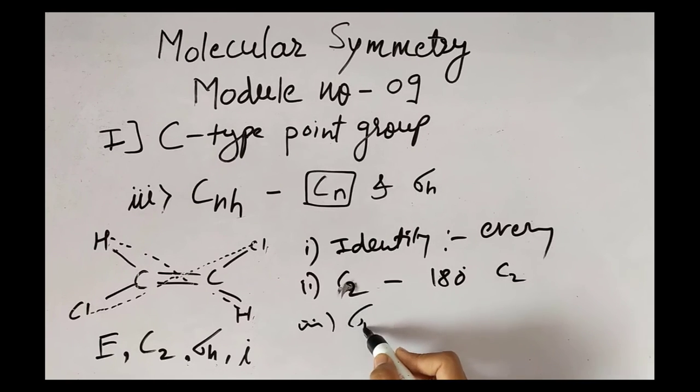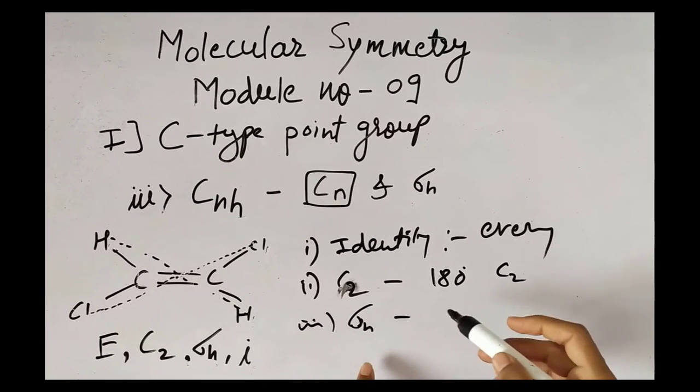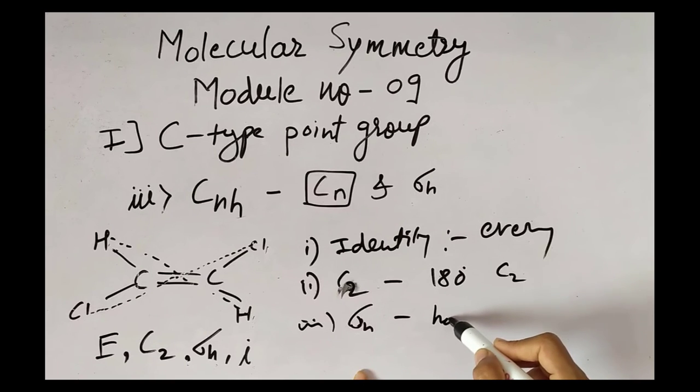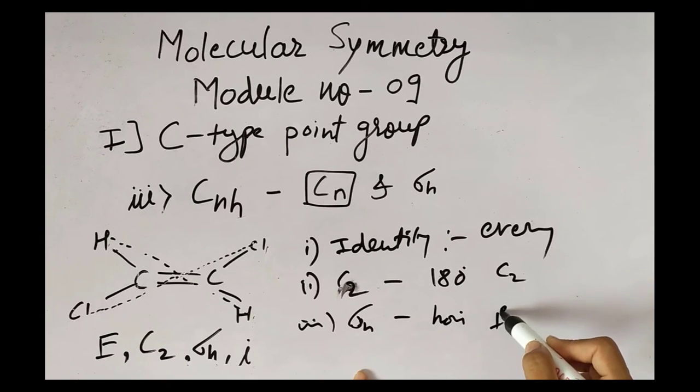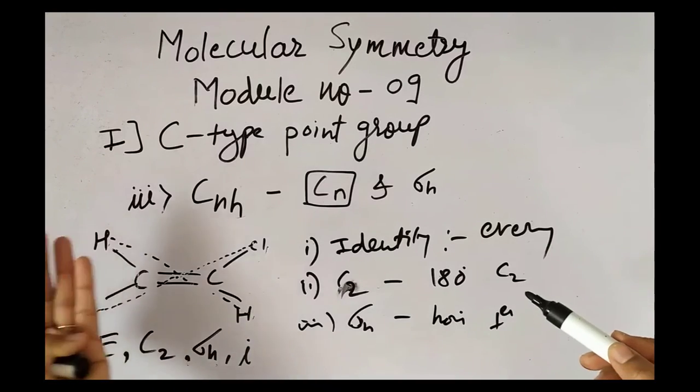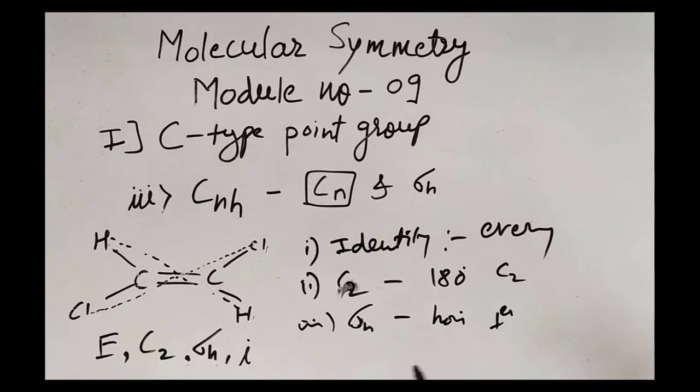Then you will explain sigma H. As there is a horizontal plane which is perpendicular to the principal axis, the plane is sigma H. Similarly, you have to explain I, the inversion center. Okay. In this way you have to explain all the symmetry elements in a few words also.